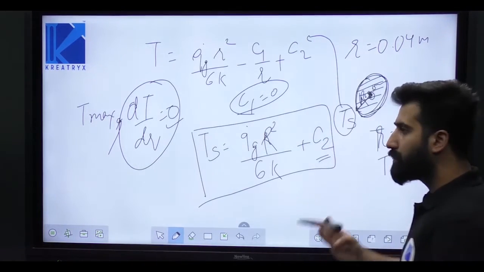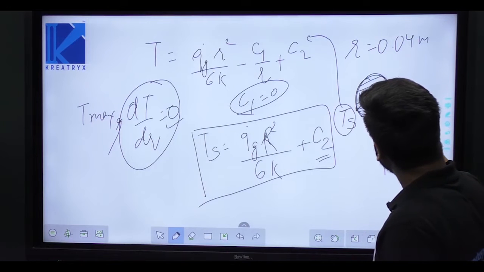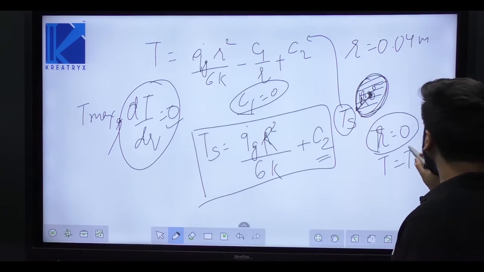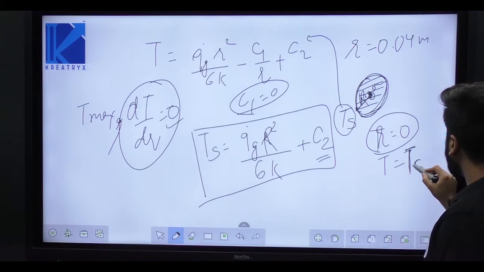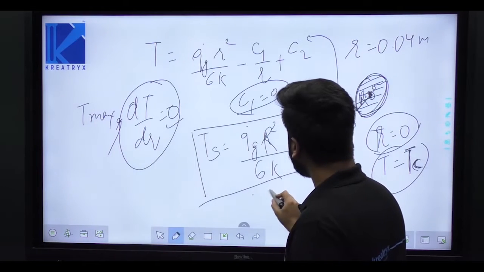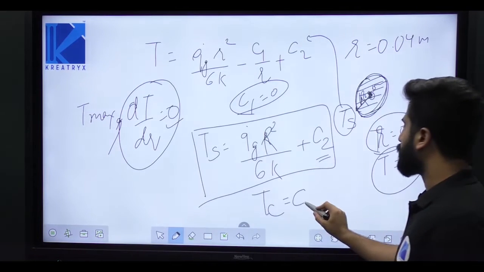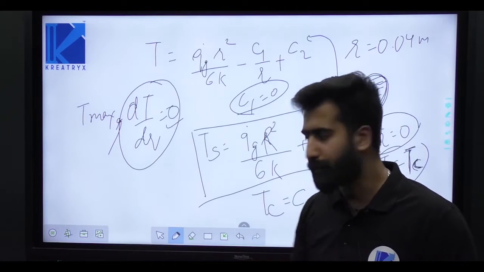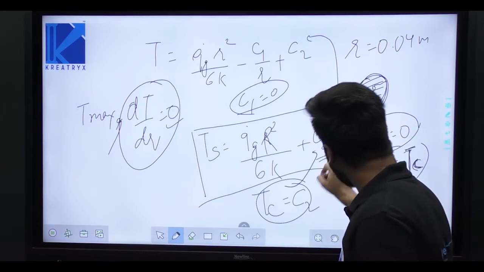Then the third boundary condition is that at the center, that is r is equal to 0, let the temperature be Tc. Put this boundary condition again here, you will get Tc is equal to C2. So this constant C2 is actually equal to the center temperature. Put this condition here, what will you get?